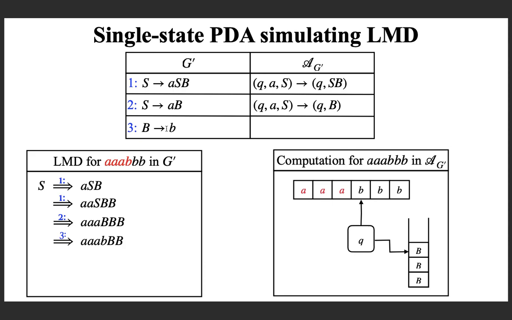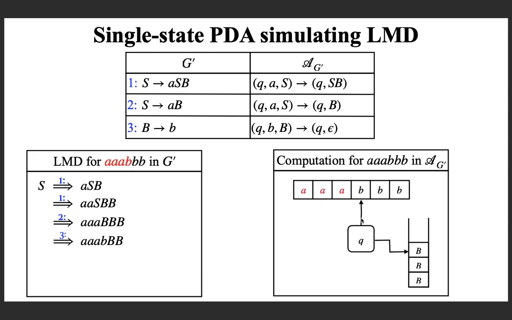Q, next input symbol is B, top of stack symbol is capital B. So LHS is Q, B, B. What is the RHS? The state is Q. You are not going to push anything because after the terminal symbol nothing is there. So it is epsilon. It is very mechanical and very easy to get that transition.